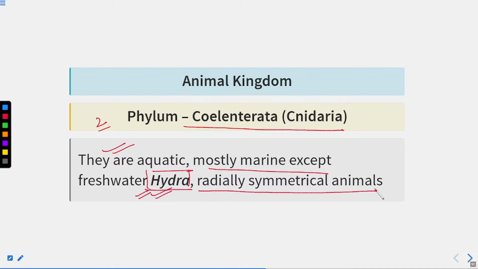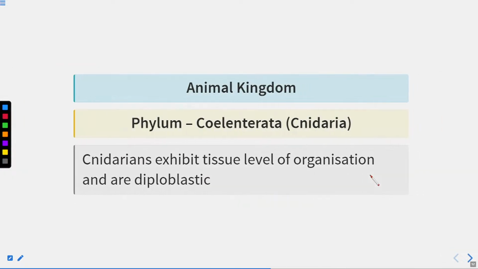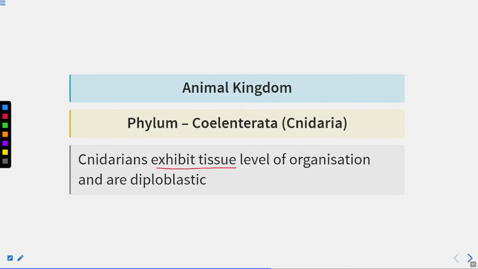And they also show radial symmetry. Cnidarians exhibit tissue level of organization and are diploblastic, means ectoderm and endoderm layers are there, no mesoderm. Instead of mesoderm, they are having a gelatinous substance, mesoglea, right? So they are diploblastic and they are having tissue level of organization.